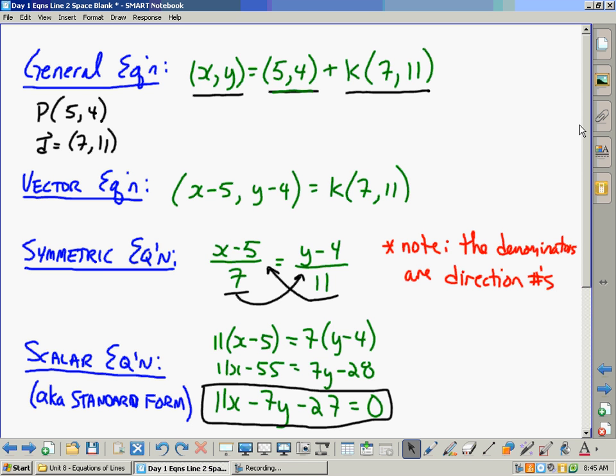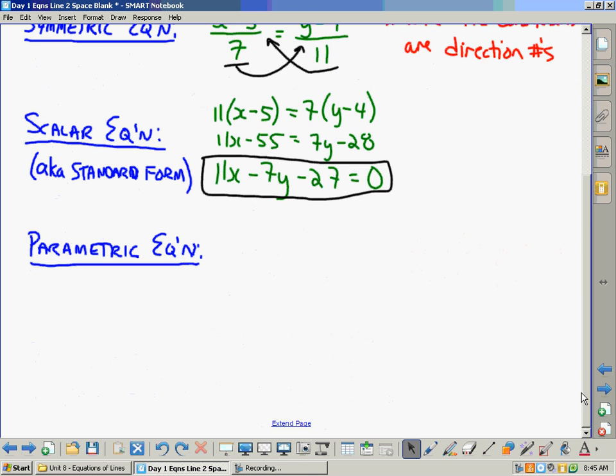The parametric, instead of looking at it all together, looks at the x and the y coordinate separately. So it says you get the x coordinate by taking this x, which is 5, plus this x from the direction vector. So if we go down and actually write that out, it looks like this.